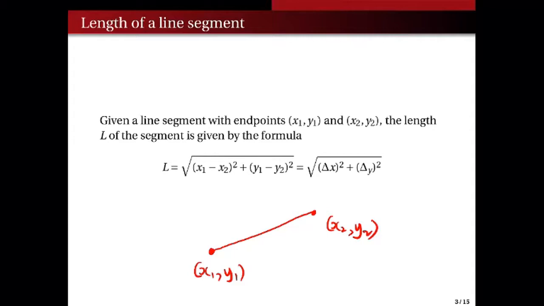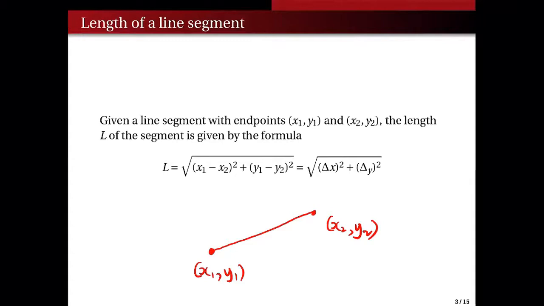You know that the distance formula is L equals square root of x1 minus x2 squared plus y1 minus y2 squared. If you think of x1 minus x2 as delta x, and y1 minus y2 as delta y, then L is just the square root of delta x squared plus delta y squared. So this is for a straight line, or a line segment joined by 2 points.